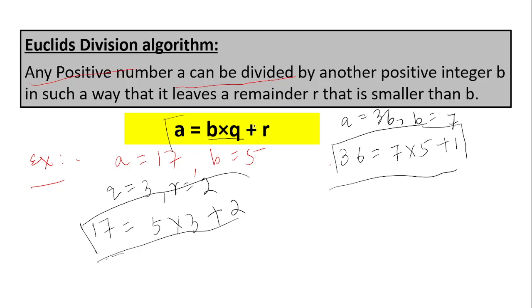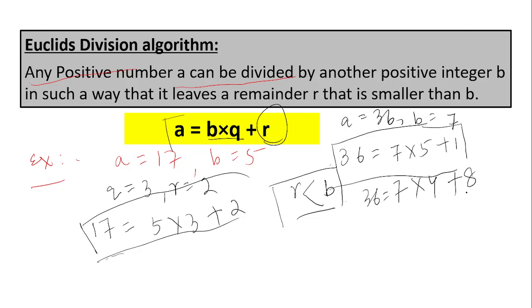Here there is a condition that r must be less than b, because if you write 36 as 7 into 4, that is 28, plus 8, the remainder should not be greater than the divisor. That means it must be less than b.